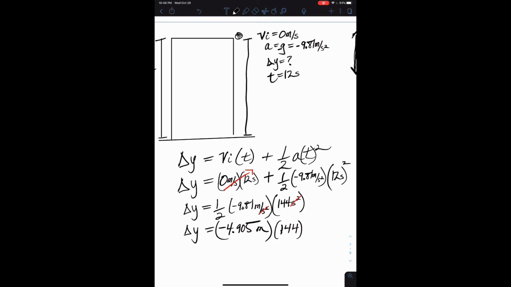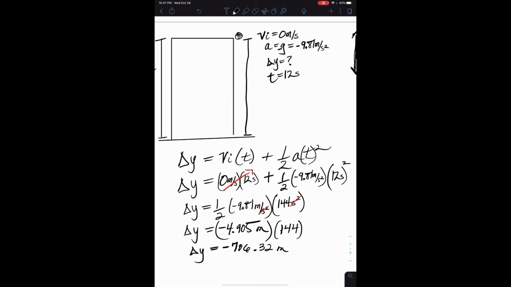So I'm going to get my calculator here. If we do the math here, I think we see that it's equal to negative 706.32. So let's go ahead and write that down. Units are going to be meters.